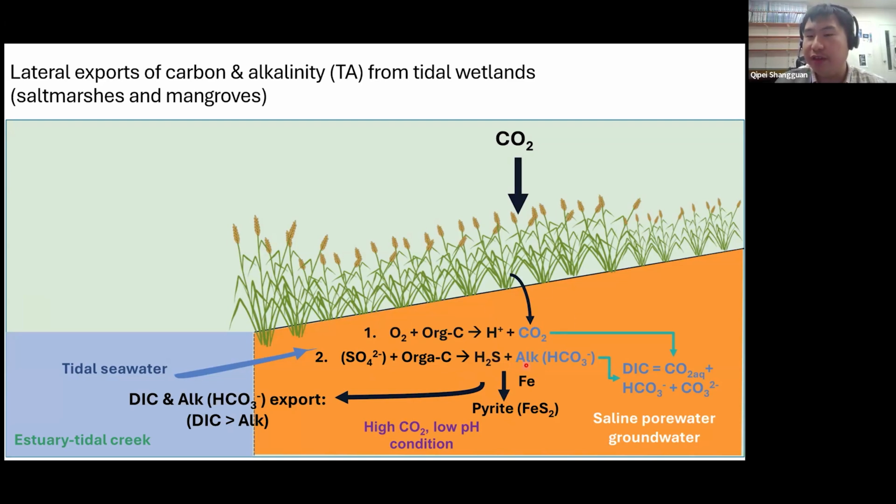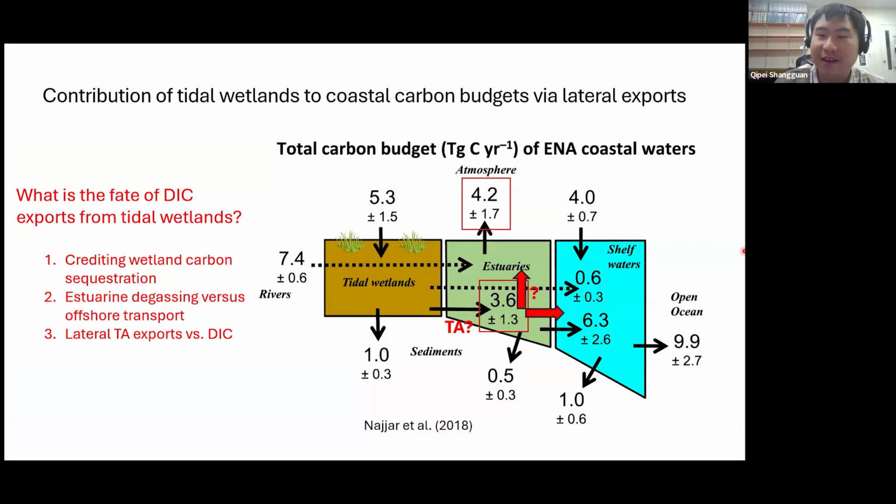These respiration products are delivered into the overlying tidal waters by pore water exchange and enter the aquatic continuum. Then they travel from the marsh, tidal creek, and to the estuary to the coastal oceans. Thanks to the previous analysis led by Renaja, we are very confident that this lateral flux is a big contributor to the coastal carbon budgets.